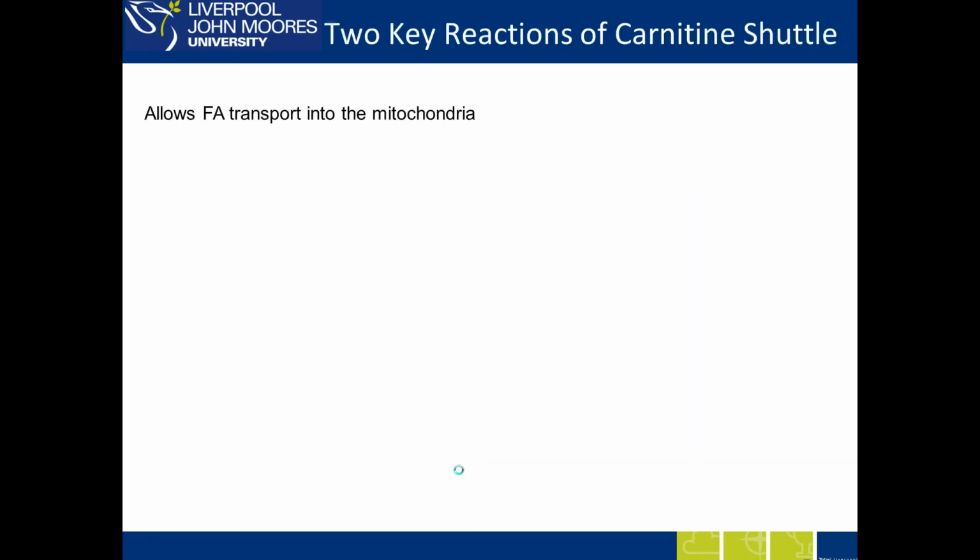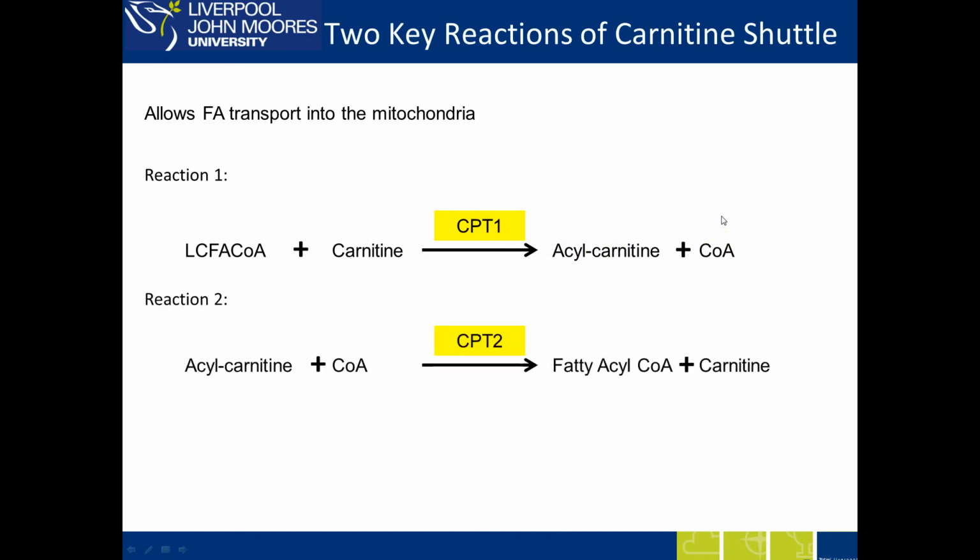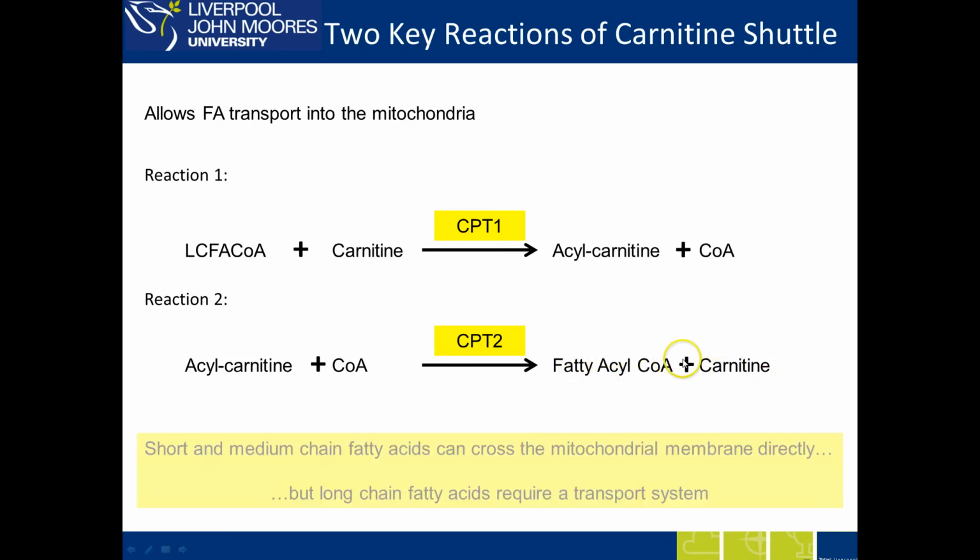So to look at the two key reactions in a little more detail then. Reaction 1, we have long-chain fatty acyl-CoA plus carnitine, through the action of CPT1, generates acylcarnitine and coenzyme A. And reaction 2 involves acylcarnitine plus coenzyme A. This is catalyzed by CPT2, or carnitine palmitoyltransferase 2, and this leaves us with fatty acyl-CoA plus carnitine.